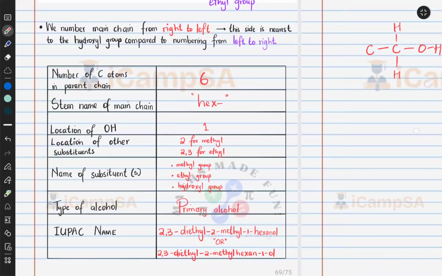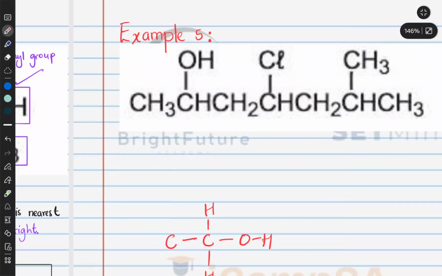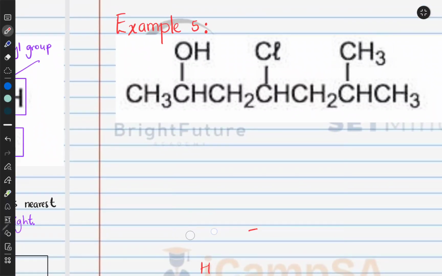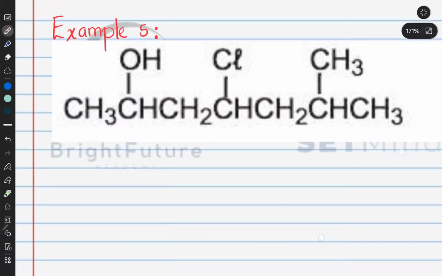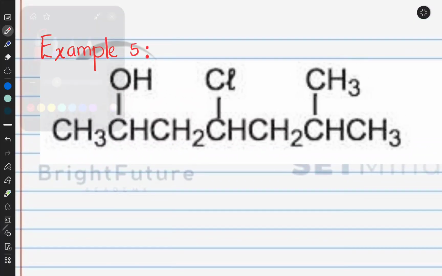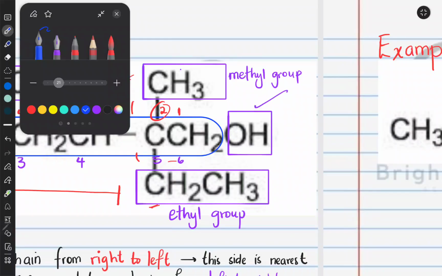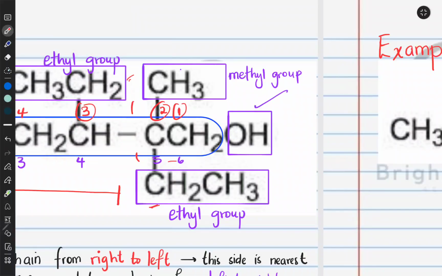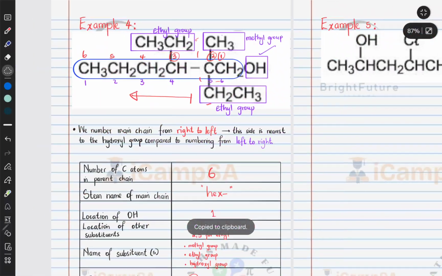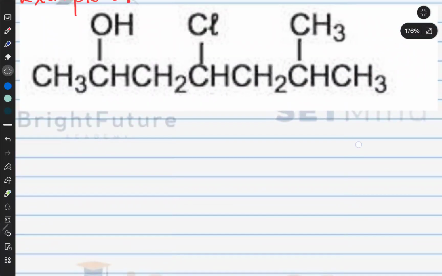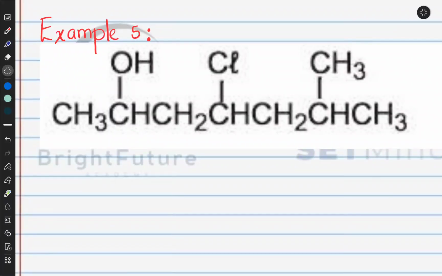Alright, now let us check our next example. In this example, we have a halogen atom present there as one of the substituents. So if you check, there's a halogen atom there. It's one of the substituents. But first, let's identify our parent chain. So here the parent chain is quite straightforward to see.